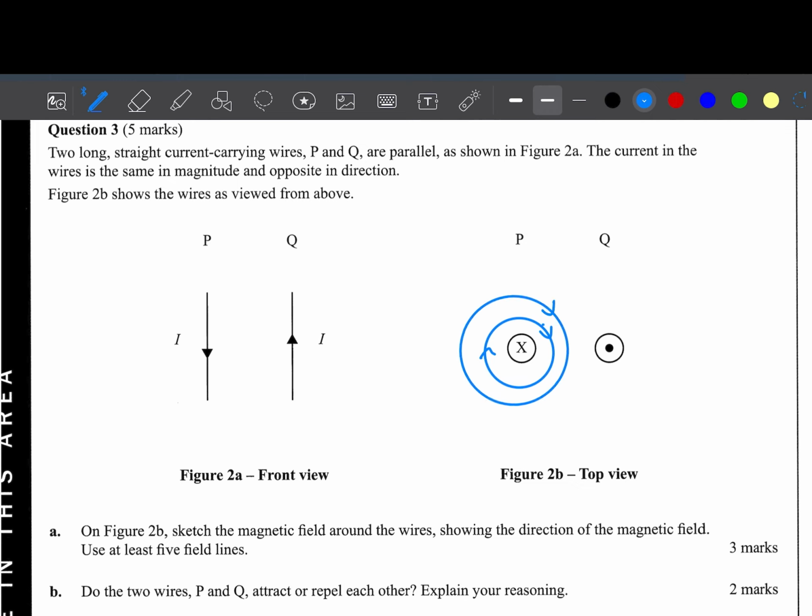Okay, they're a bit off center, but I'm going to draw maybe 6 lines for each. Okay, that was a bad idea, but maybe I can do like that. Yeah, okay, I'll probably lose a mark here, but you guys get the point. So now if I were to point my finger out of the page and curl, it's going to go this way.